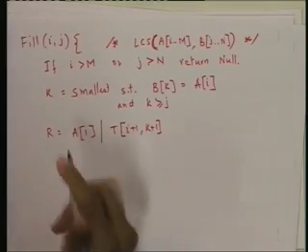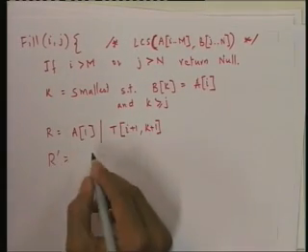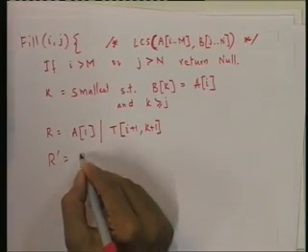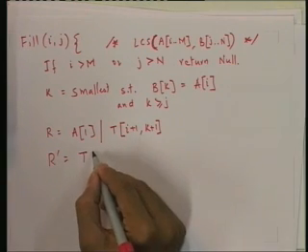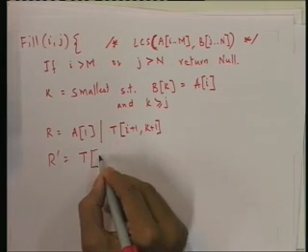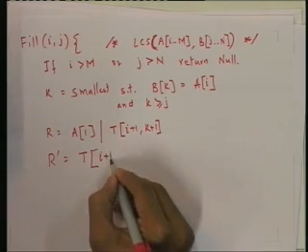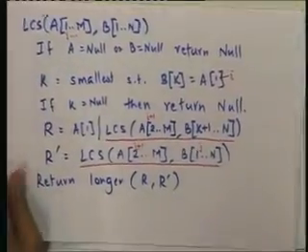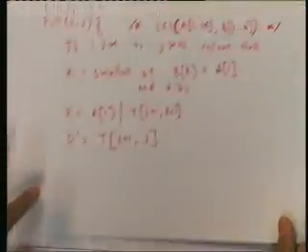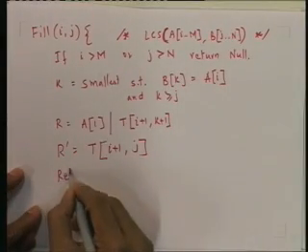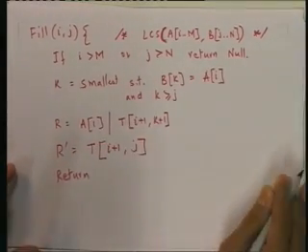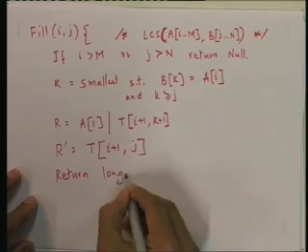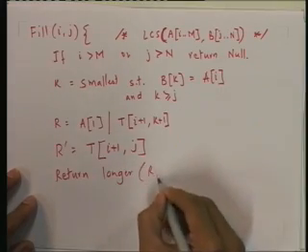So, r prime will have to be a table entry, not LCS again, but the table entry. So, T of i plus 1 comma j. Okay, so, this is what it was. And now, we are going to return the longer of r and r prime.